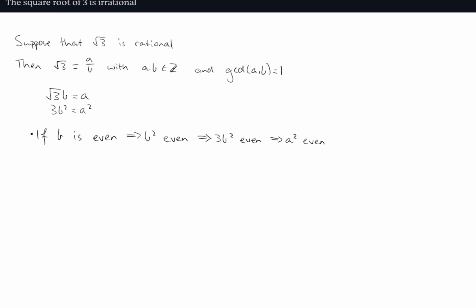If a squared is even, it's also the case that a must be even as well. If you follow this chain of implications, b being even implies that a is even as well.